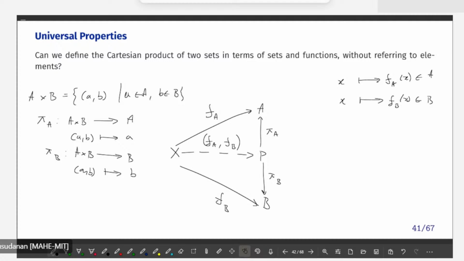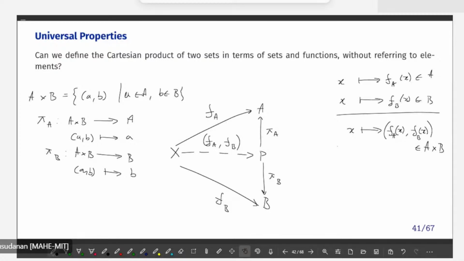But here, you know what it should do. Since A cross B is actually P, it should send X to FA of X, comma, FB of X, which will be an element of the Cartesian product. Again, this is only in sets. When I generalize, that won't be there.